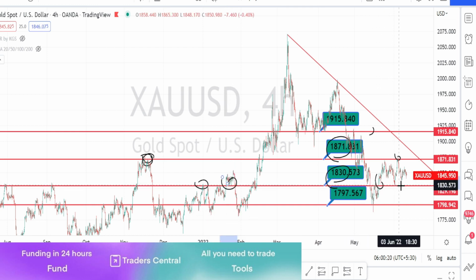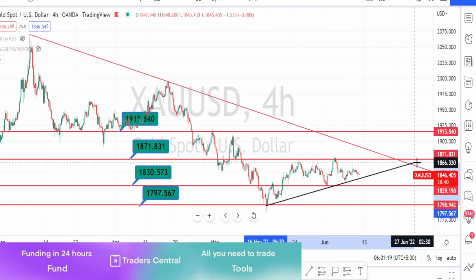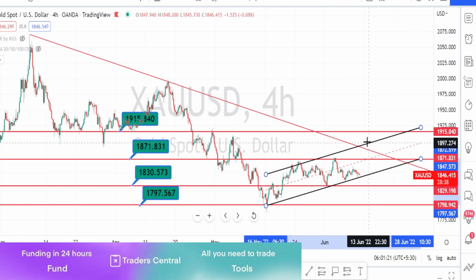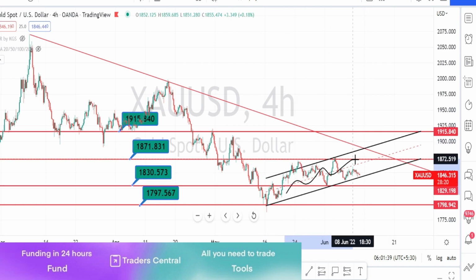So that's why we are noticing the current price action to be struggling to break this resistance level or the support level. And in yesterday's analysis we also analyzed that the current price action was trading within a bullish channel pattern and it was trading in a bullish trend.